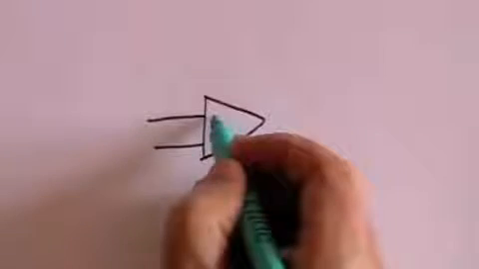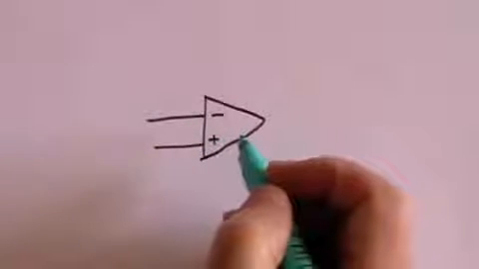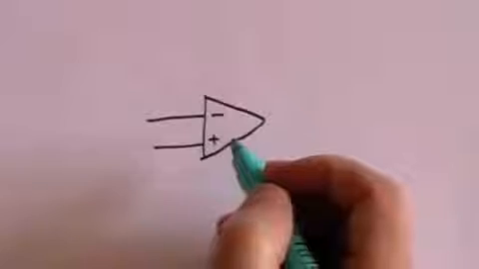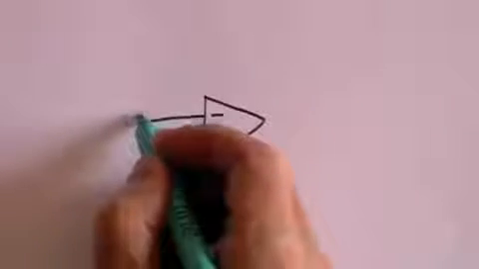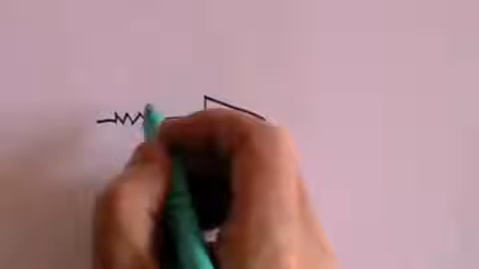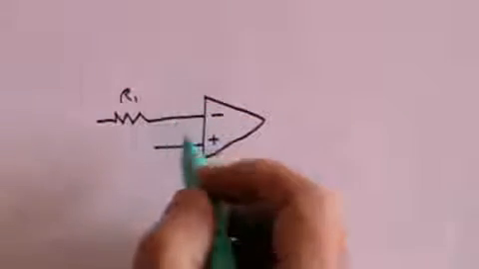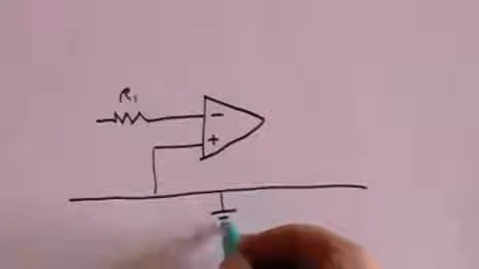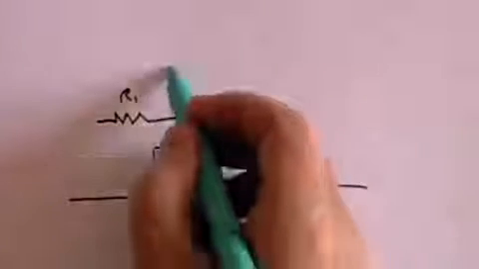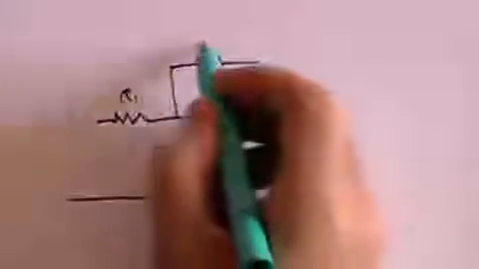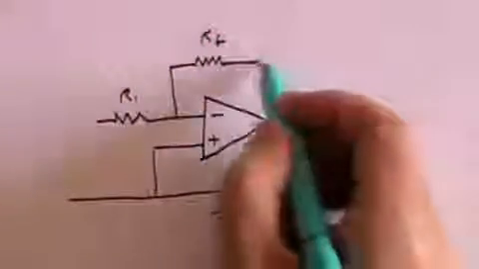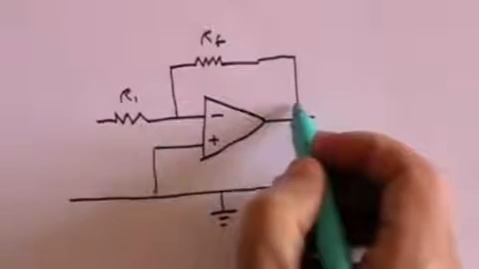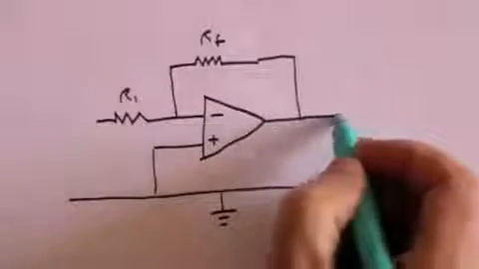This uses the operational amplifier in the following way. There's the inverting and there's the non-inverting input. We have a resistance here, which we'll call the input resistance. We have a line which is earthed, and we have a resistance which we'll call RF, and that is joined to the output of the operational amplifier.